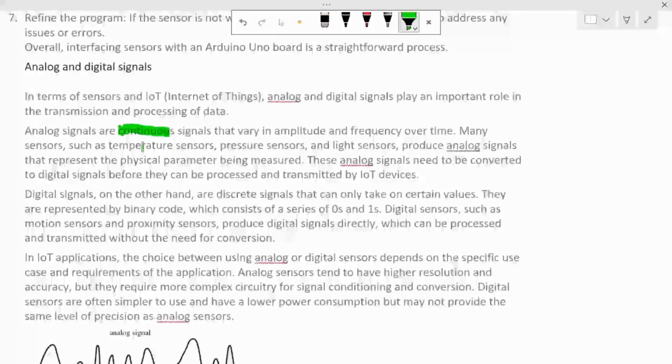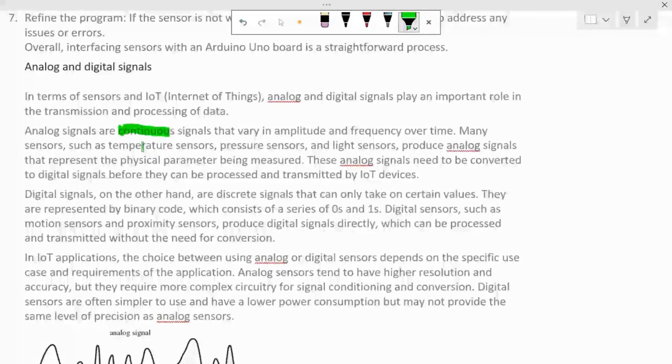Sunlight intensity varies the entire day, in a similar way our wind flow also varies, and temperature also varies. In the morning the temperature could be less, and at noon the temperature could be more.